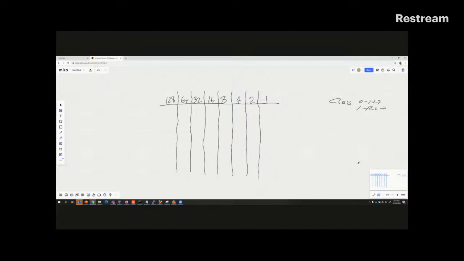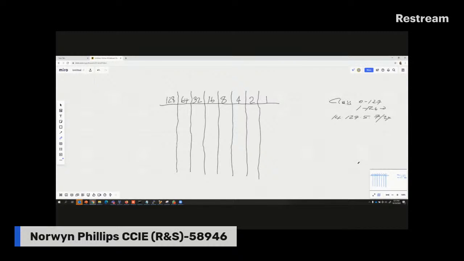So here we go. An IP address that goes like this: 14.127.5.7, say /24. This is a class A IP address. Why? Because the first octet, that is this number here, falls between 1 and 126. That's what makes it a class A IP address.